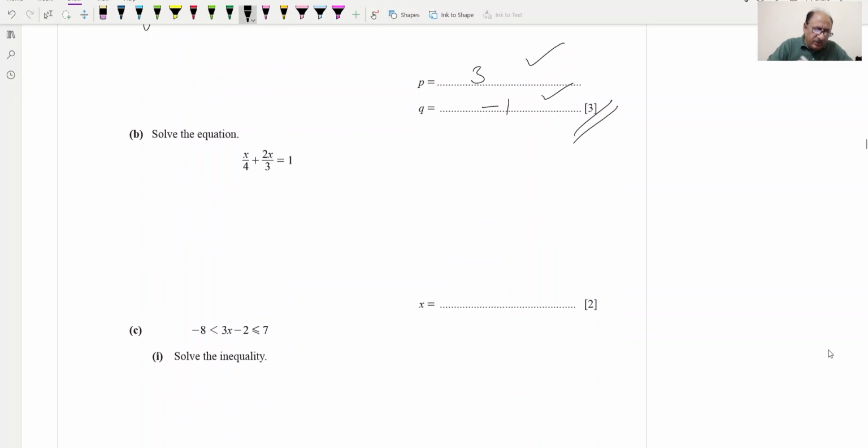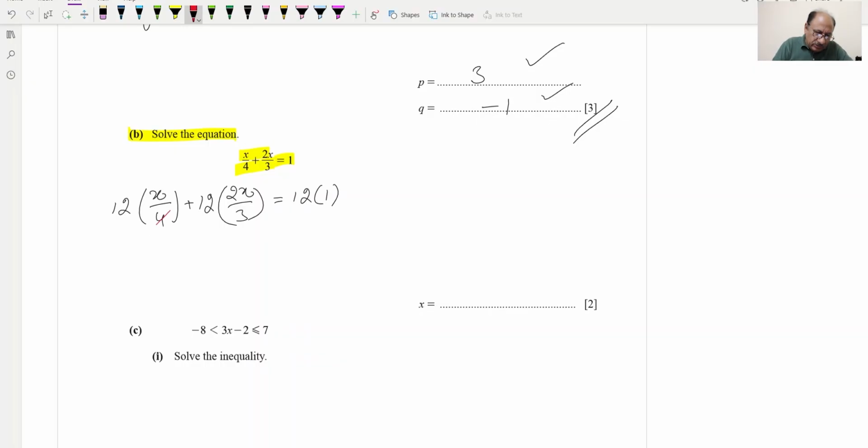Now for B part, they are saying solve the equation, and this is a simple straightforward equation which they have provided. We can multiply everything by 12 to get rid of these two denominators. So we can write x by 4 in brackets multiplied by 12 plus 2x over 3 also multiplied by 12 is equal to 12 into 1 in brackets.